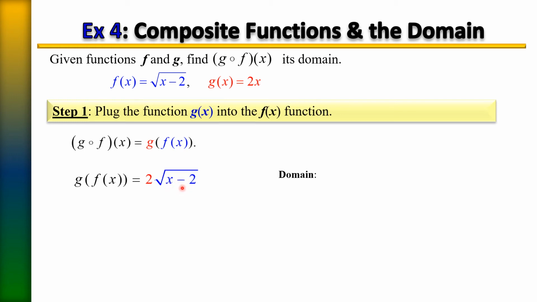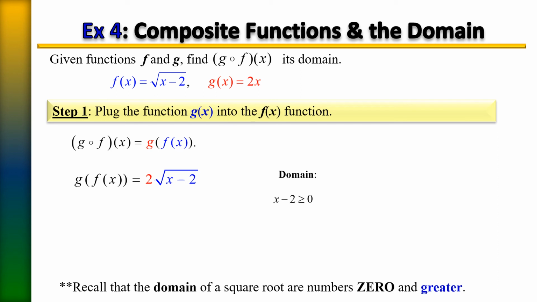Since it's a square root, remember you can't have any negatives underneath the radical. You can have a 0, but you just can't have negatives. So what you should do is set whatever is underneath the radical to be greater than or equal to 0. So you don't want any numbers less than 0.